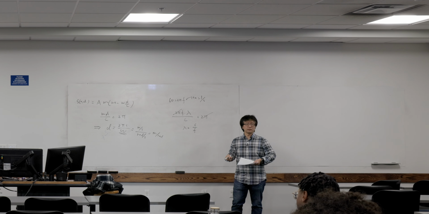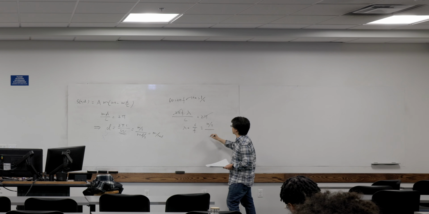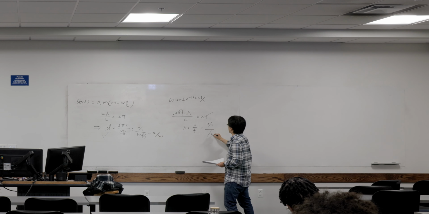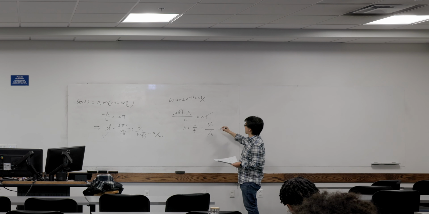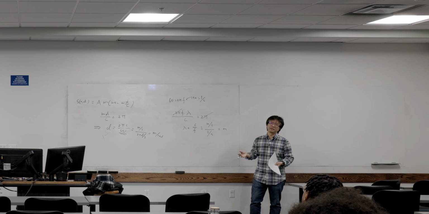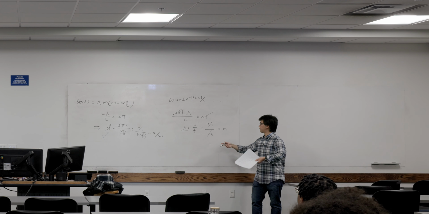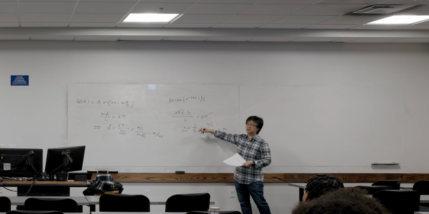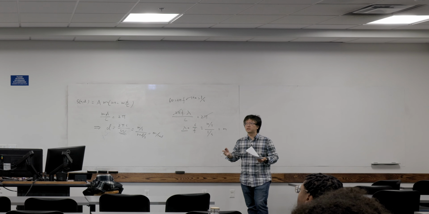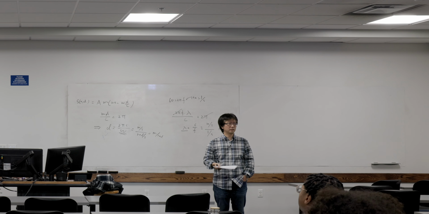So c is meters per second, and frequency is 1 over a second, and the seconds cancel, so that is meters. That makes sense, right? Because it's a wavelength, so it should be a length. So far, so good?